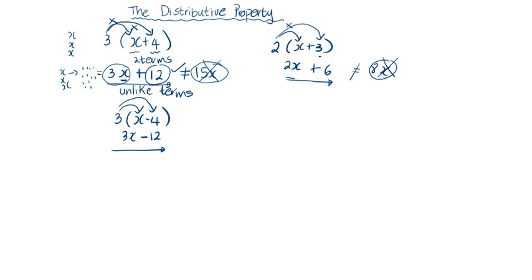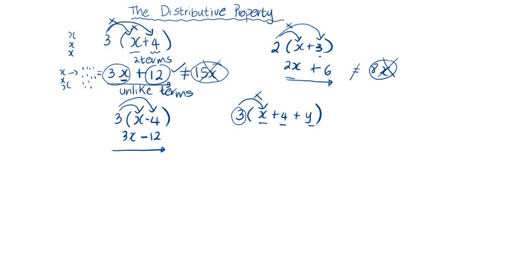And also another example is you can have more than one term inside the bracket. So if you had, let's say 3, and then you had, let's say x plus 4, and then plus y. Right, so you can have more than one term inside the brackets, but remember, to distribute means the number that is outside has to get multiplied by all the terms that are inside the bracket.